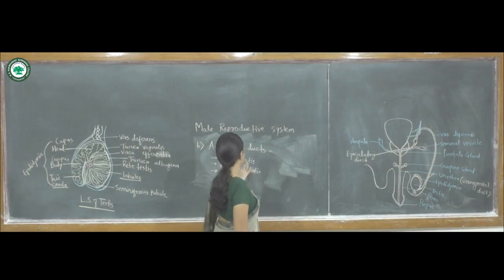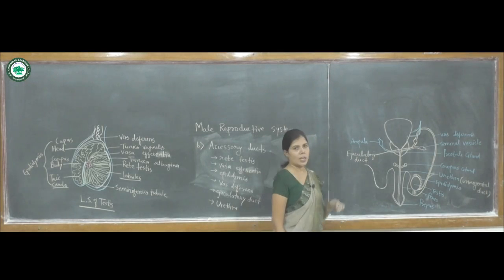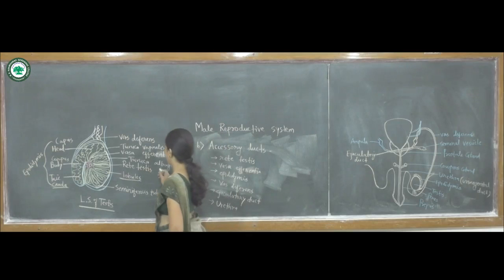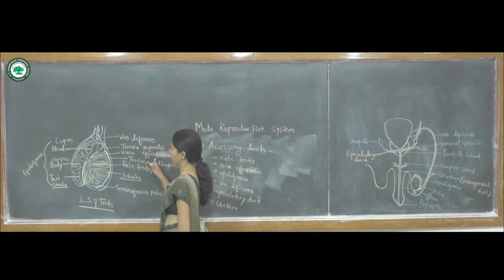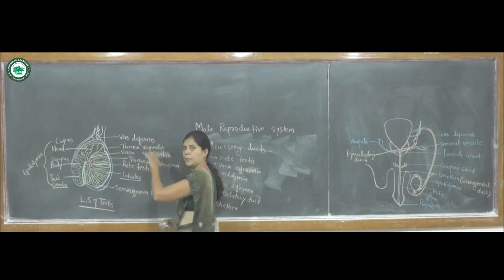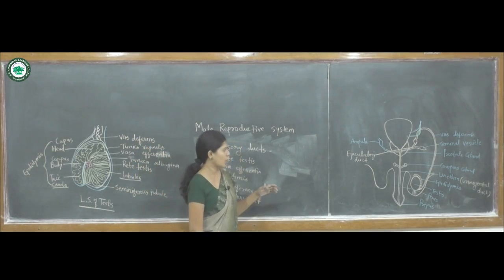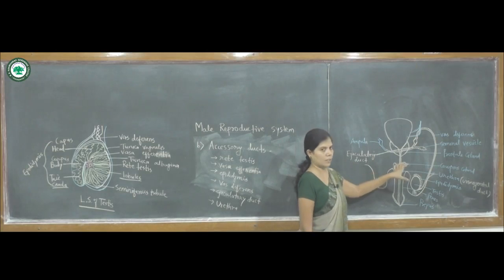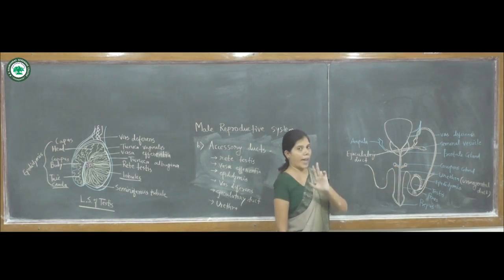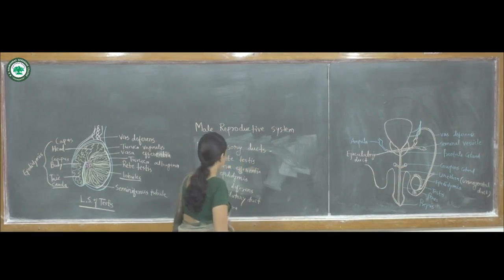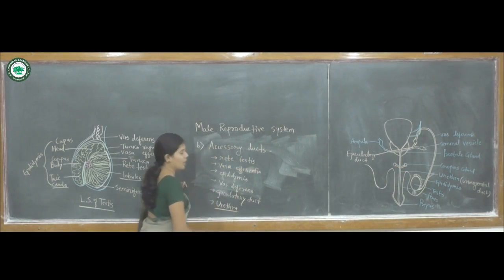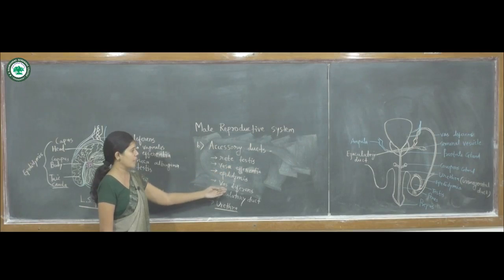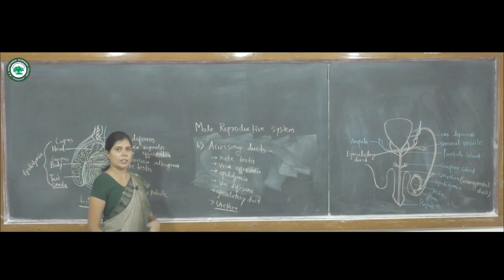Then vasa efferentia also is present, then vas deferens, and then the ejaculatory duct. All these ducts are in pairs except the urethra, which is single in number.